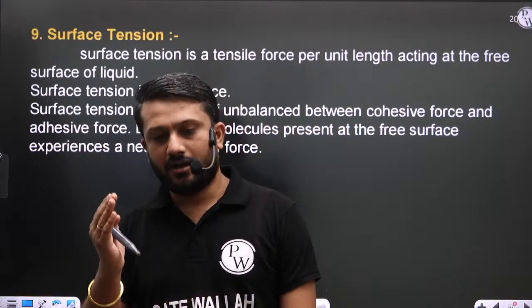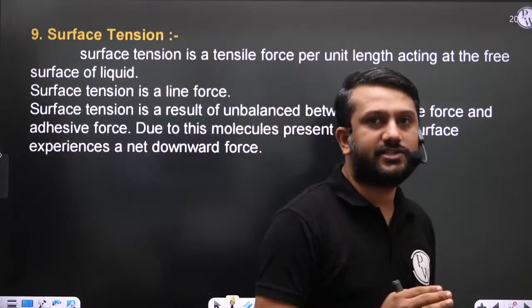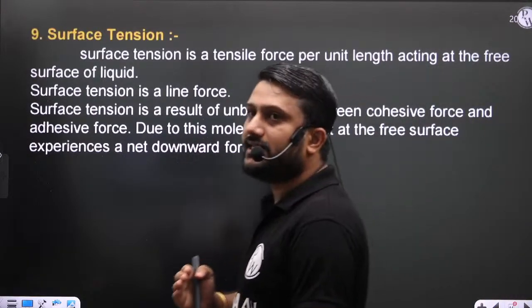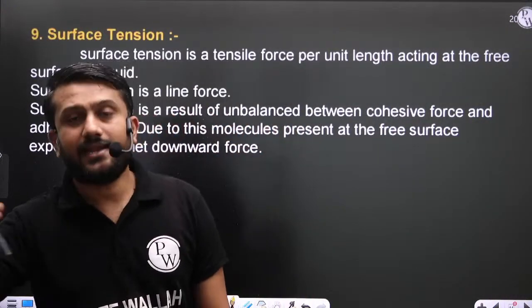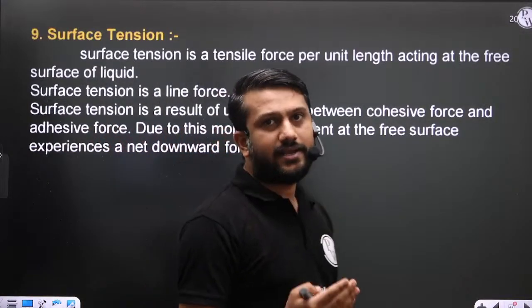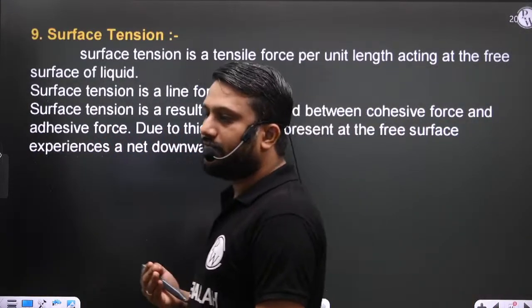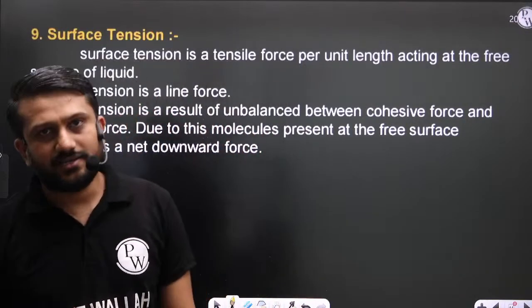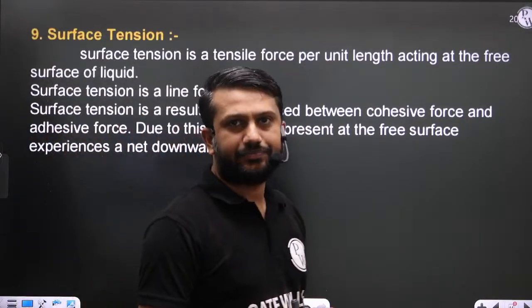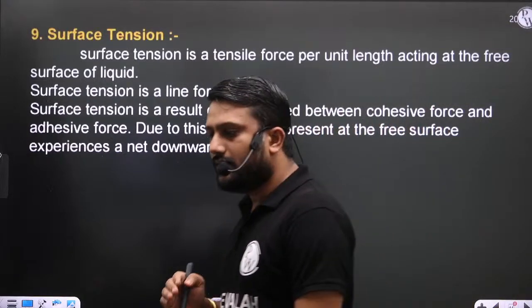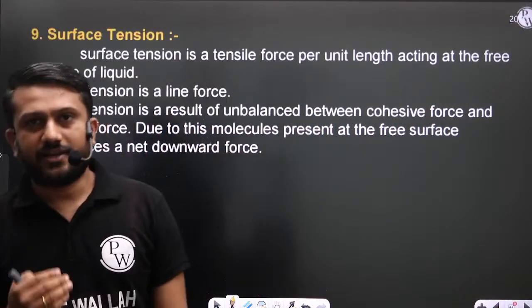We already discussed that surface tension is a line force, which means this force is acting along a line, like a UDL, a uniformly distributed load, as we discussed in strength of materials. Surface tension is also a line force.